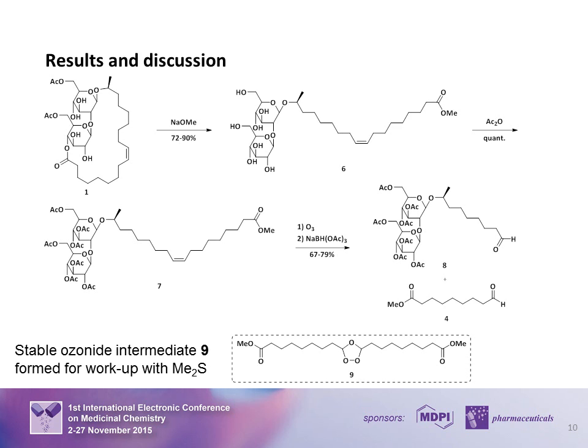Therefore, the reaction conditions for the ozonolysis reaction were changed and sodium triacetoxyborohydride was used as a reducing agent. This new procedure indeed prevented the formation of the stable ozonides, enabling the isolation of both the desired sophorolipid aldehyde and the 9-oxononanoic methyl ester.